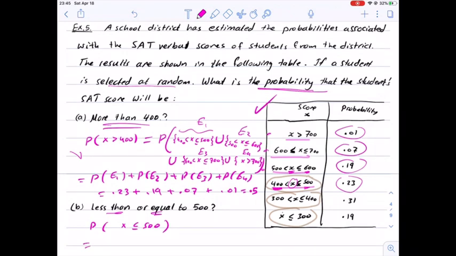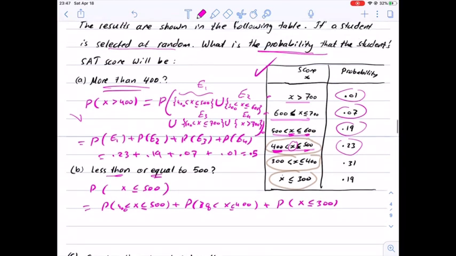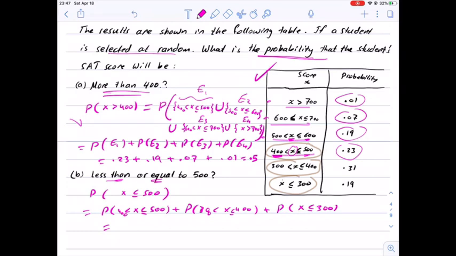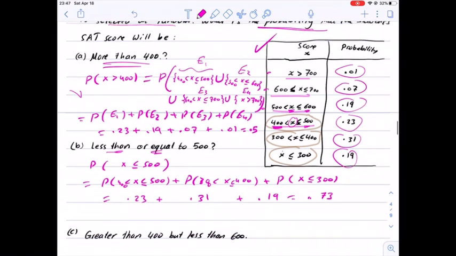Instead of writing them as we did in part A, we can write them directly as the probability of X between 400 and 500 inclusive, plus the probability of the event X between 300 and 400 inclusive, plus the probability of X less than or equal to 300. And from the table, this is 0.23, this is 0.31, this is 0.19. The answer is 0.73.